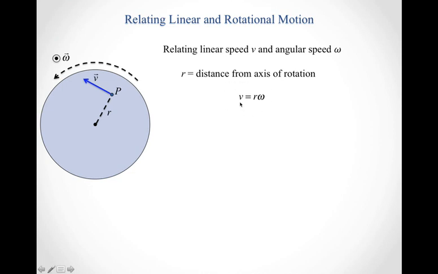The linear speed is just the distance from the axis of rotation times the angular speed. Again, meters per second is meters times radians per second, where the radians disappears and you're left with meters per second. So units-wise this works out because of that unique property of radians as a unit.